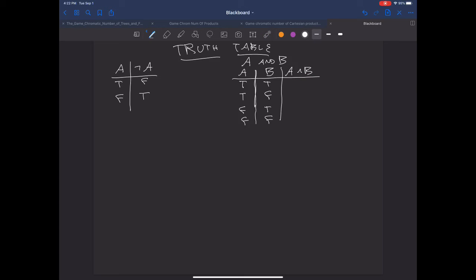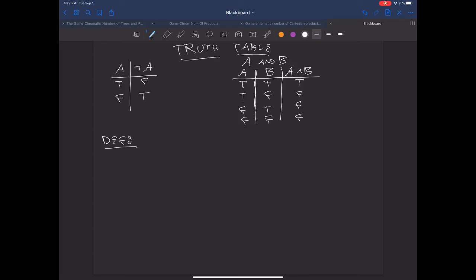When is it false? Well, it's true when both A and B are true, and it's false if either of them are false. So the truth value for A and B is going to be given by this column right here. It's a graphical representation of the truth values of a particular statement.